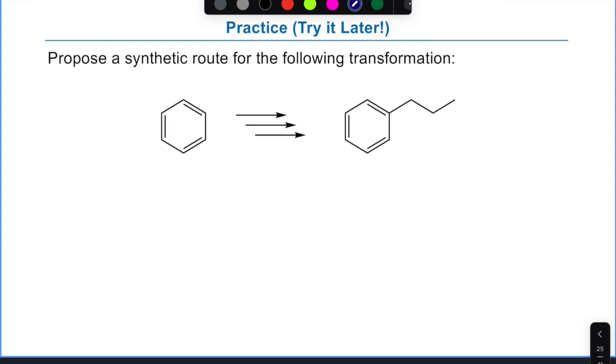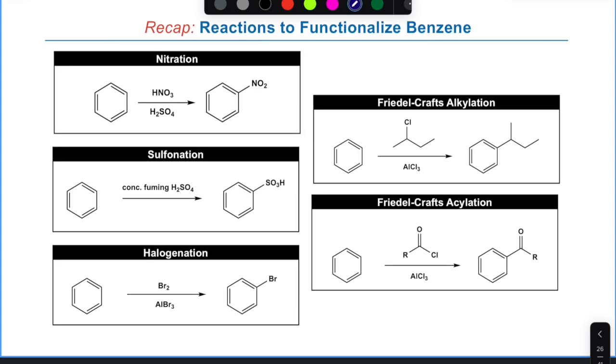So to recap all of the reactions we've covered in the electrophilic aromatic substitution unit so far, we've covered nitration, sulfonation, halogenation, and then the 2 Friedel-Crafts reactions, the alkylation and the acylation. Once again, it all starts with forming the superactivated electrophile in situ and then reacting it with your aromatic ring. Not very nice conditions. Once again, you're adding 2 nasty acids together.